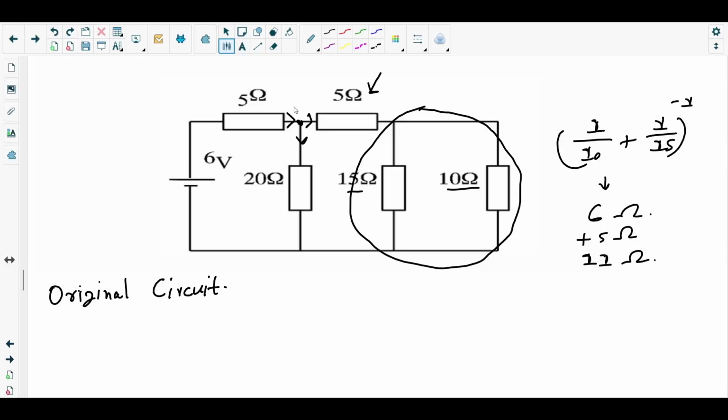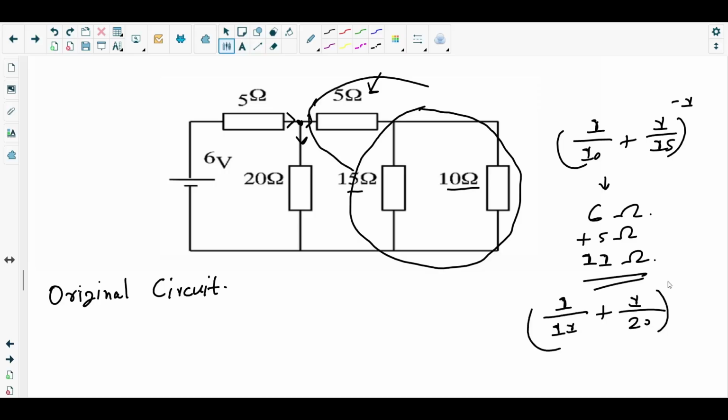This 11 ohm, that means this whole part, is in parallel with the 20 ohm resistor. Their total resistance will be (1/11 + 1/20) inverse.